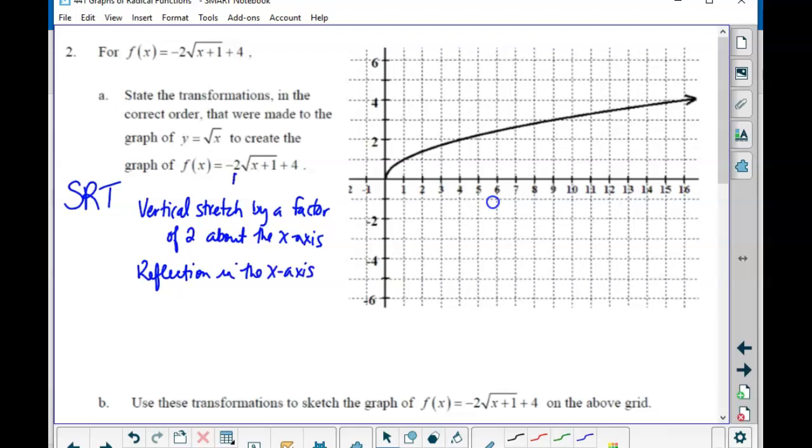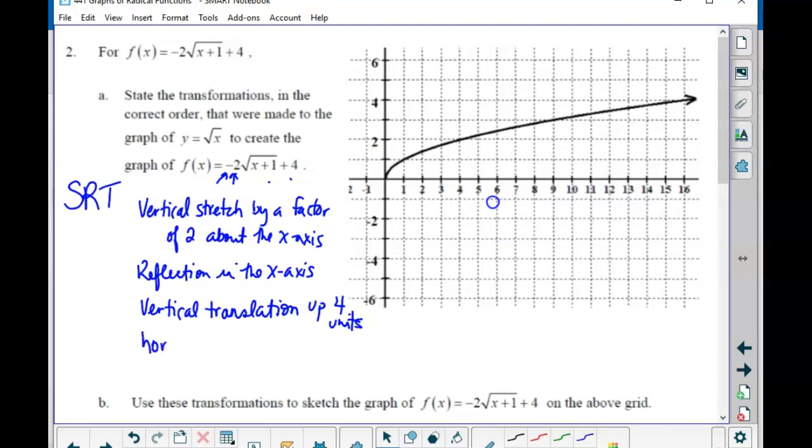So we've done that first, then the negative, and then we've just got translations. Doesn't matter which order you do the translations. So we could do vertical translation up 4 units, because it's plus 4.